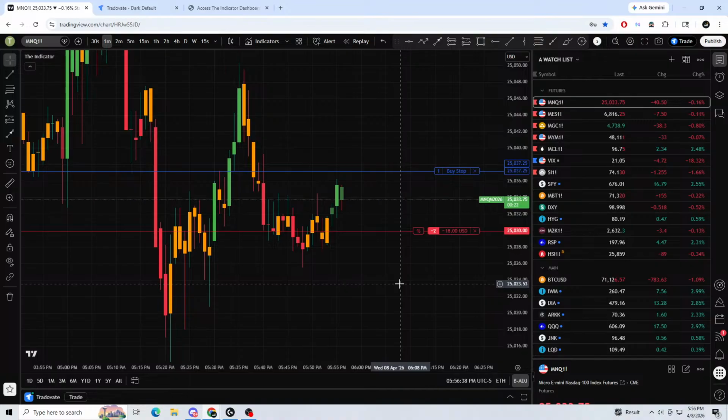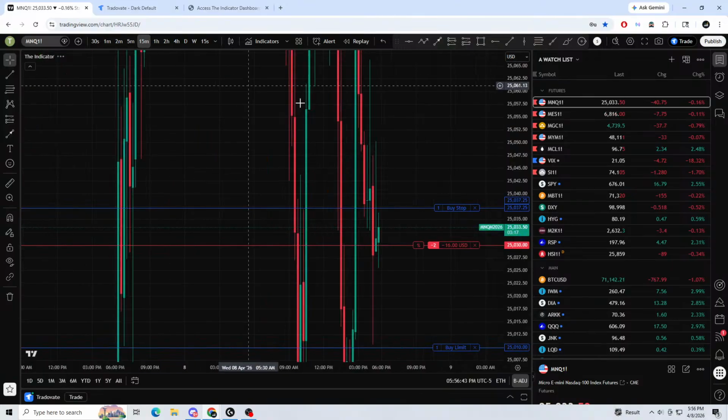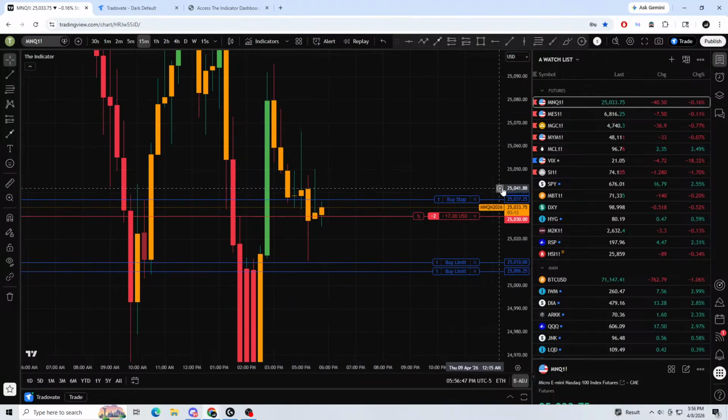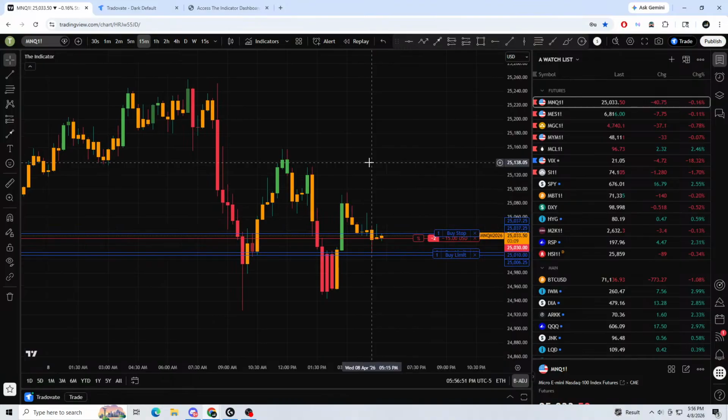So overall, I have no bias on the market. We're very choppy overall in the session, like right now. Look at it, look how extremely balanced.